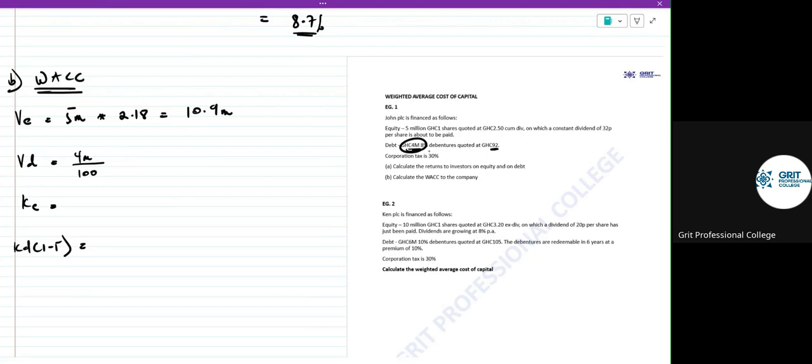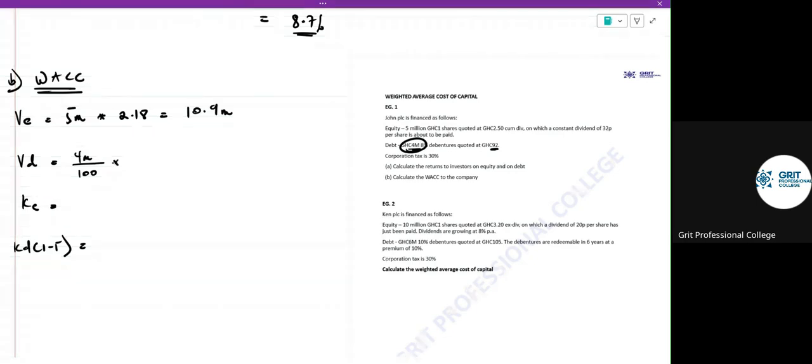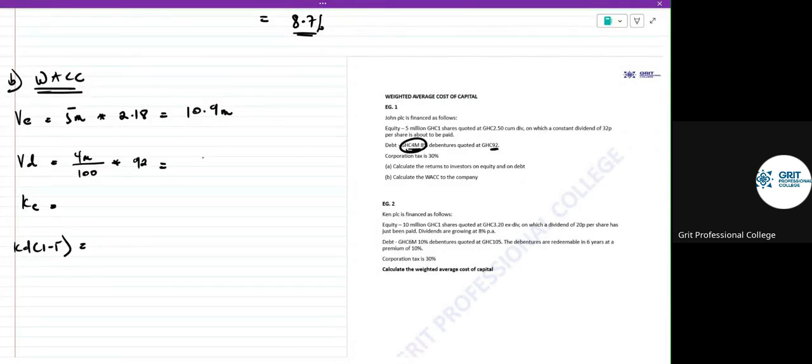This 4 million you see here is the face value. The face value or the par value is different from the current market value. I want you to get the distinction between the two. So if we multiply by the 92 cedis per unit of the bond, it will give us 3,680,000, so 3.68 million.